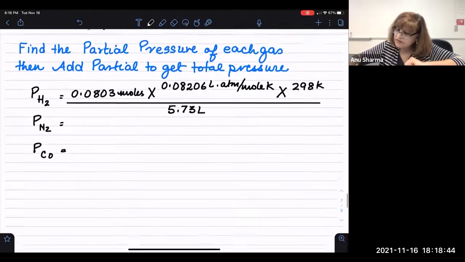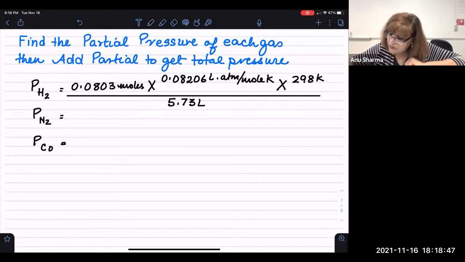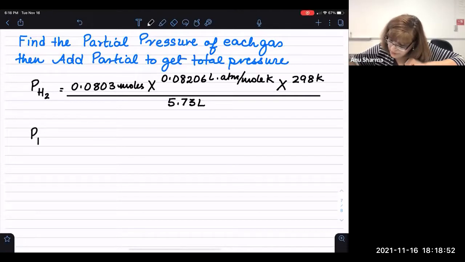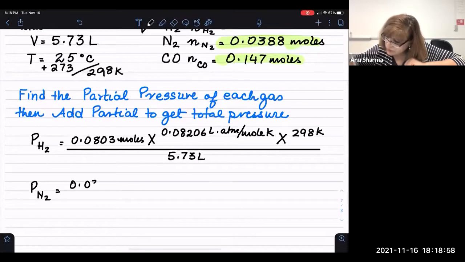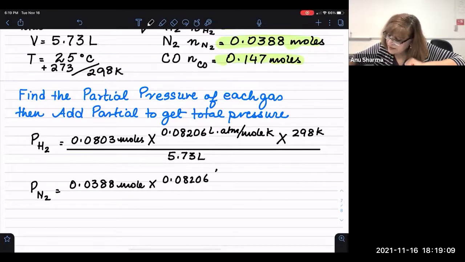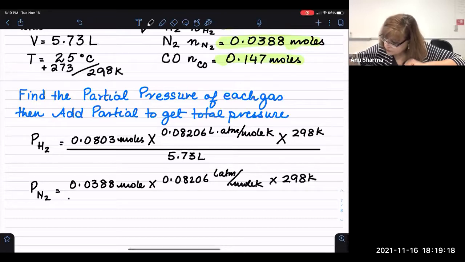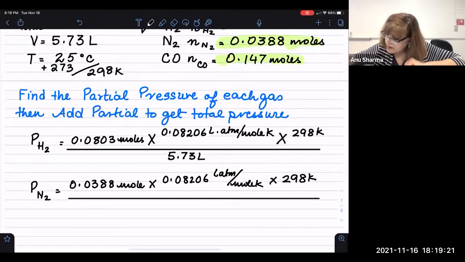This whole thing is divided by the volume, which is 5.73 liters. Next, the same way you're going to do for the partial pressure of nitrogen: 0.0388 moles of nitrogen times 0.08206 liter atmosphere per mole K times 298 K over 5.73 liters.